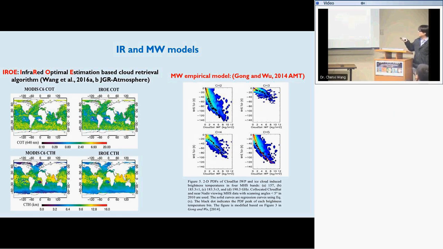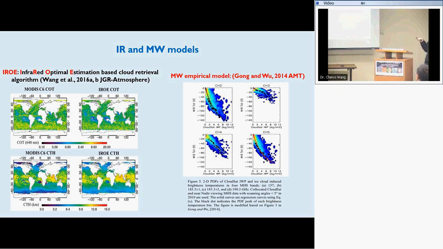This is one for COT, and here's cloud top height. For microwave, Dong actually developed a microwave model for the microwave humidity sounder, MHS. They found a relationship between the ice water path and the high-frequency microwave observations.